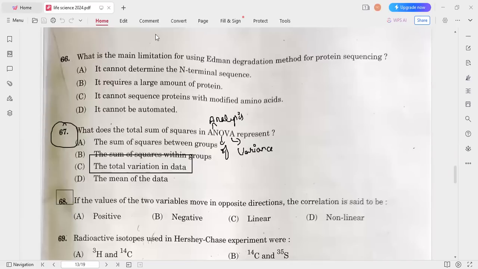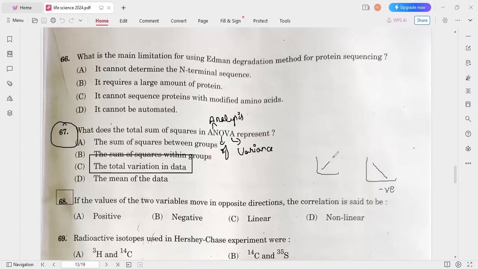If the values of two variables move in opposite direction, the correlation is said to be... For example, let me draw the graph. If two variables move in the opposite direction like this, it is called negative.